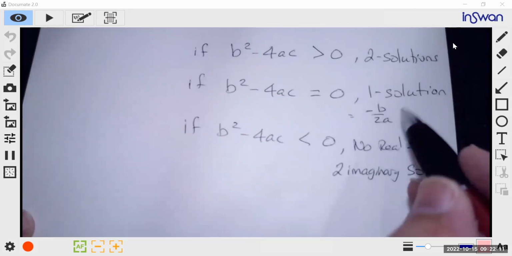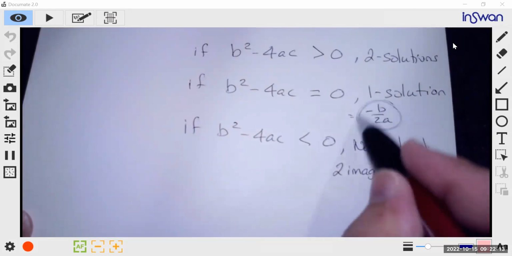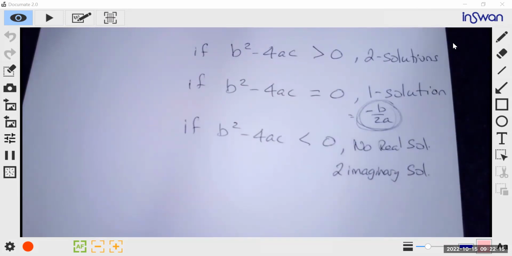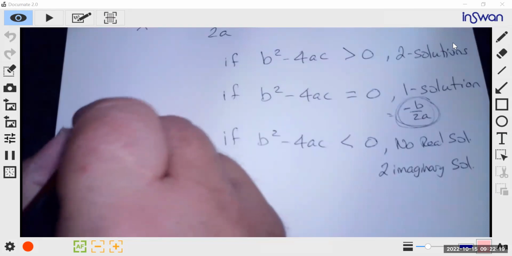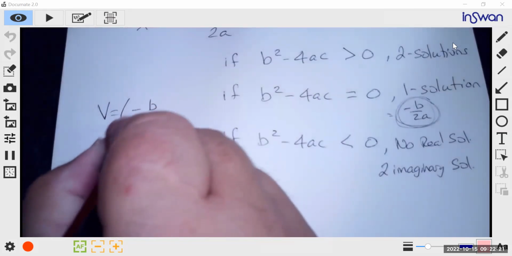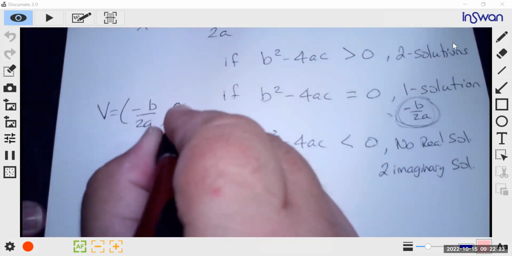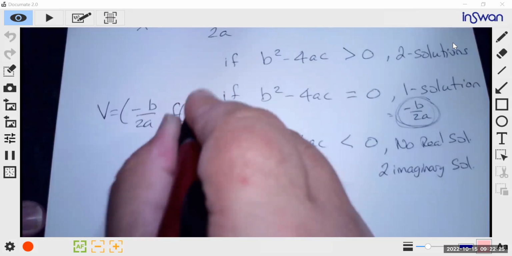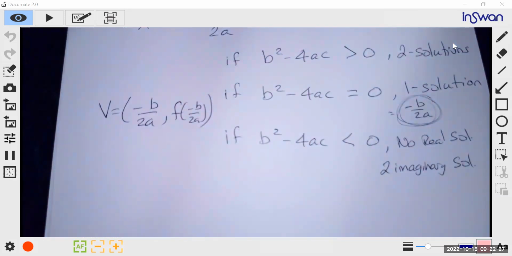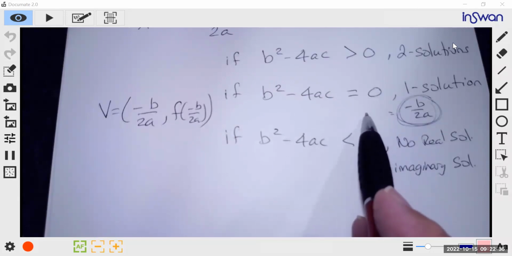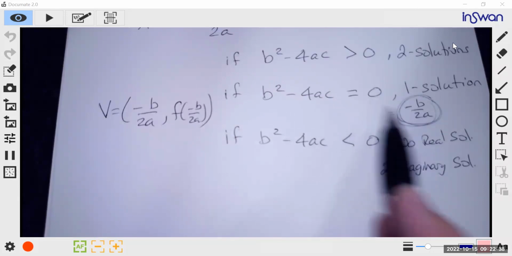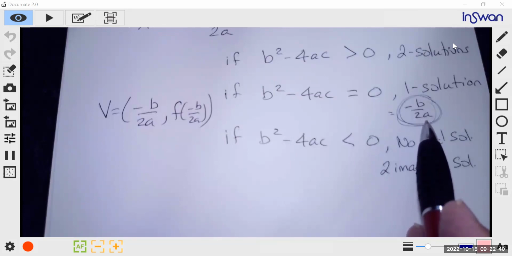Now, where have we seen this before? Yeah, on the vertex, negative b over 2a. Because if your discriminant is 0, all we have left is negative b over 2a.